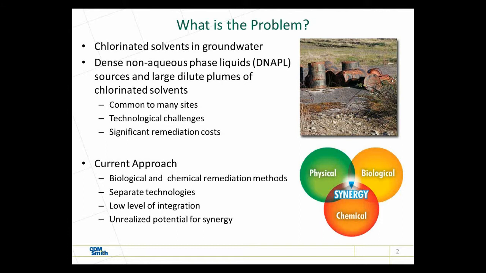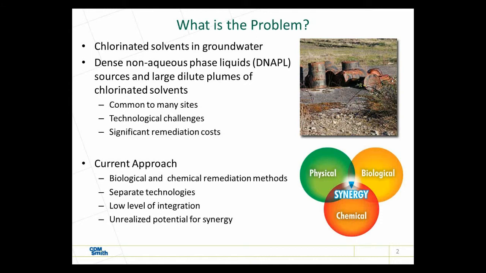First, talking about the problem, we continue to be faced with DNAPLs, with large dilute plumes of chlorinated solvents. And it seems the more we investigate this, the more complex the problem gets and the more difficult it gets to solve. One of the ways that we approach this problem is by looking at bioremediation, or chemical oxidation, or using thermal treatment.